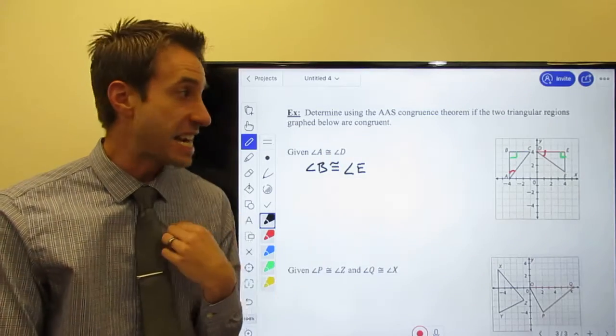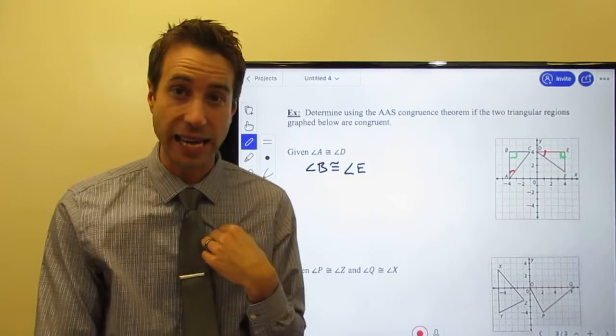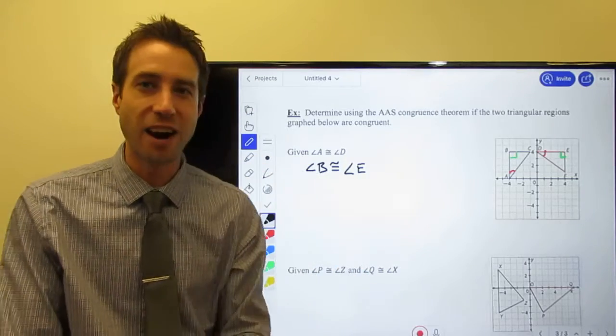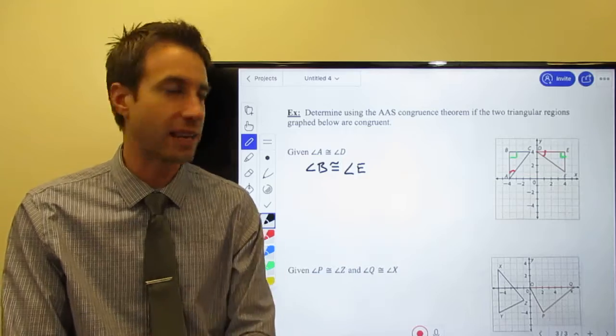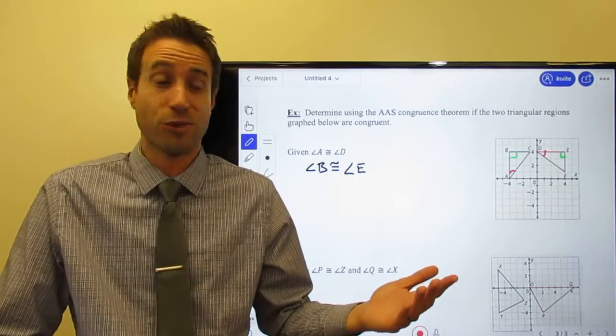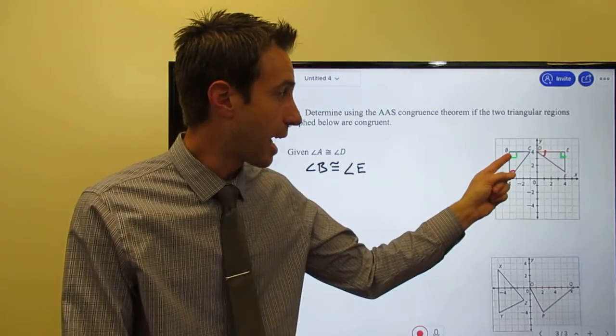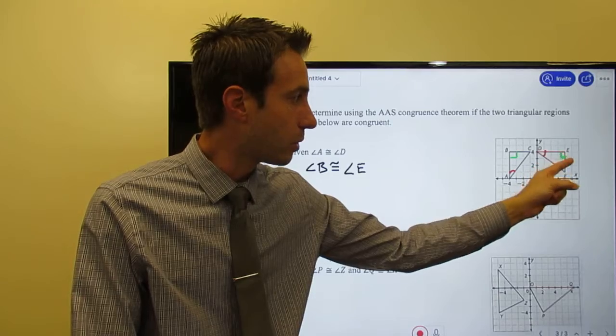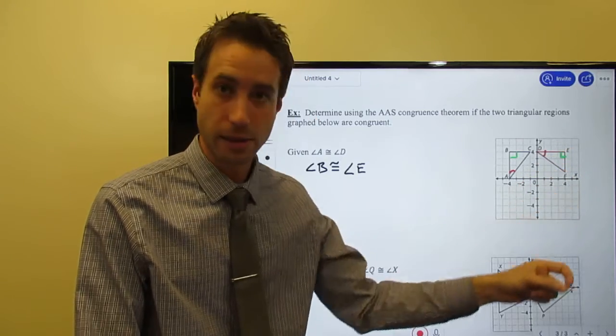Angle, angle. Now all I need is a side, a non-included side. Well, here's the beauty of these coordinate planes and why I'm giving these to you. Count. Just count it out. Angle, angle, so I need this side.